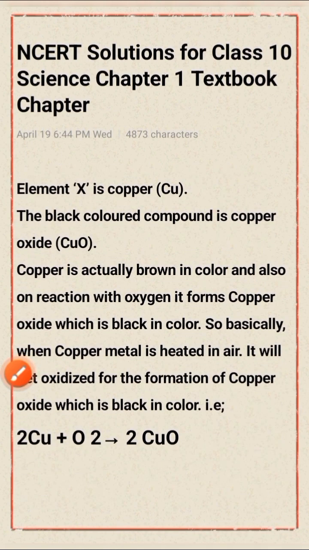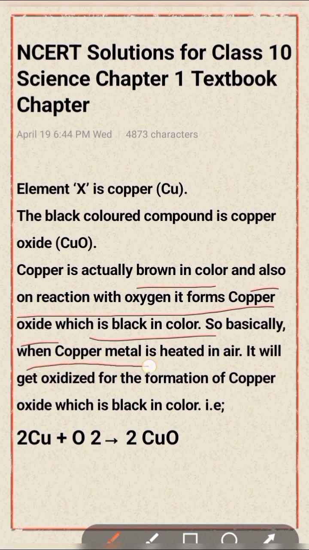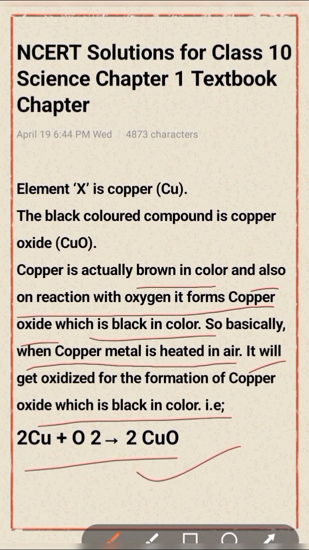Now, copper is actually brown in color and on reaction with oxygen forms copper oxide, which is black in color. So basically, when copper metal is heated in air, it gets oxidized to form copper oxide, which is black in color. That is the chemical equation: 2Cu plus oxygen O2 forms 2CuO, copper oxide, that is cupric oxide.